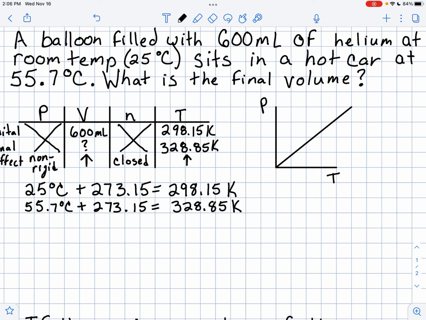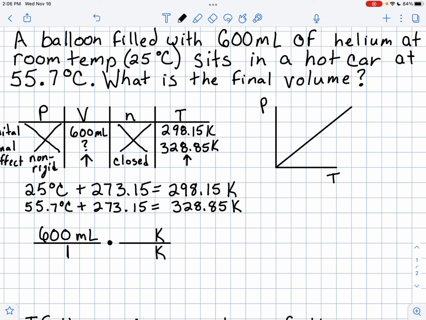And by doing this, I've now set myself up so that the math is pretty easy. My 600 milliliters is going to be my given because I don't know what the final is. And since it's my given, the given always goes over 1. Then I need to multiply it by a ratio of Kelvin to Kelvin. The question is, which ratio should I use?